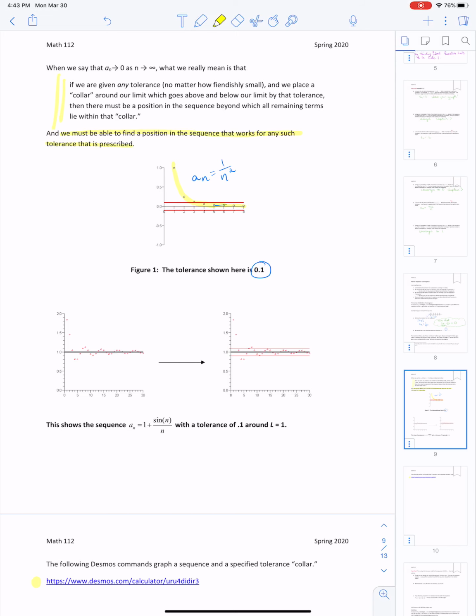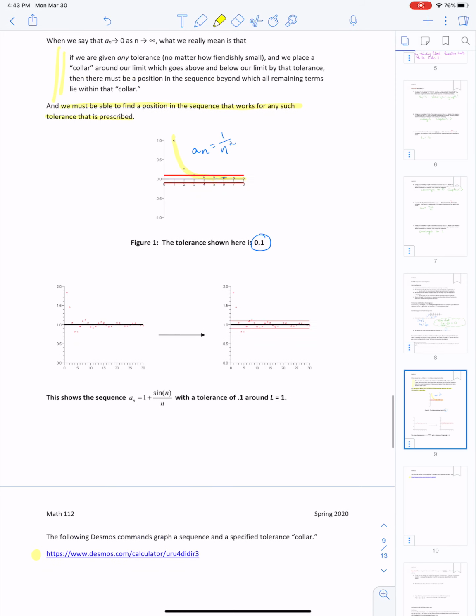And in fact, if you plot those terms and you pick any tolerance, if you shrink the tolerance even further, you can get the entire sequence to lie in a collar around 1 of any width that you like, as long as you go far enough out in the sequence.